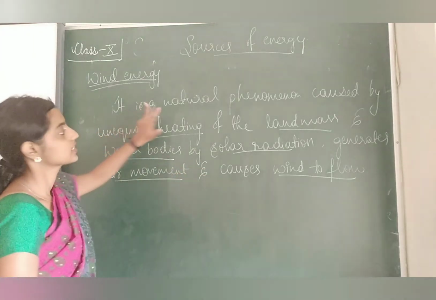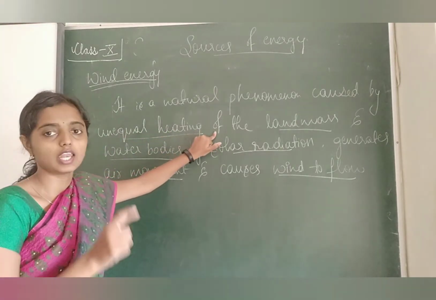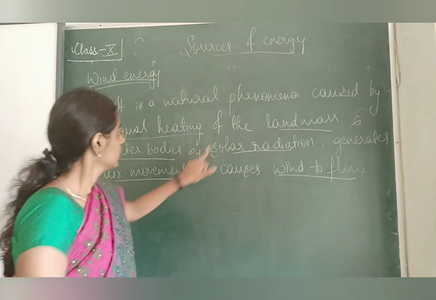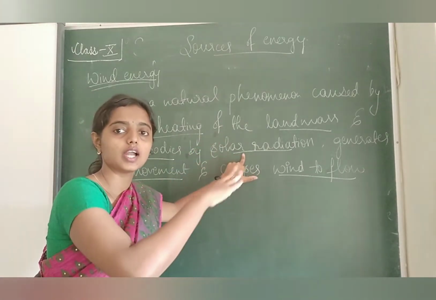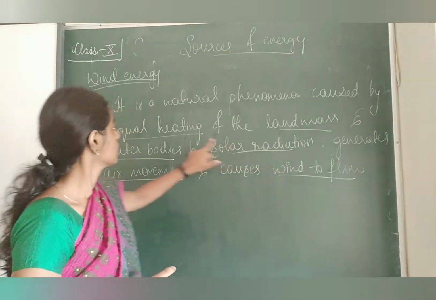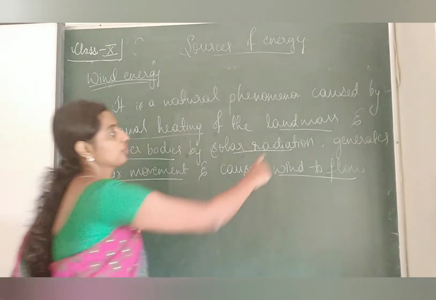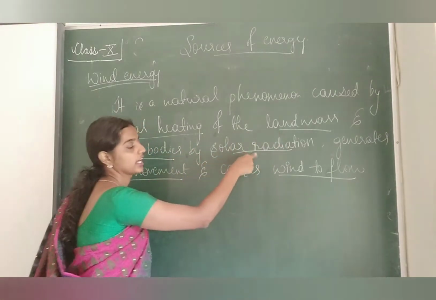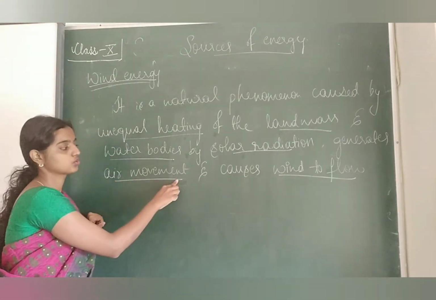It is a natural phenomenon caused by unequal heating of the land mass, that is what I explained as land and sea, in the presence of solar radiation, that is in the presence of sun and in the absence of sun. Caused by unequal heating of land mass and water bodies by solar radiation, it generates air to move.